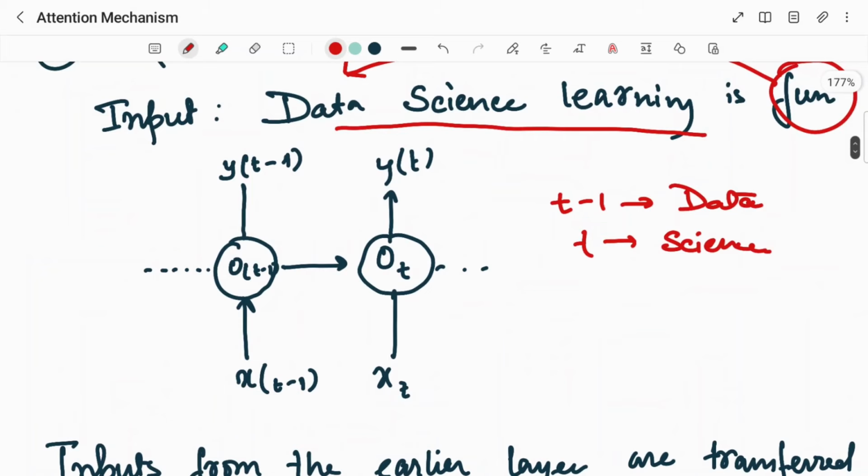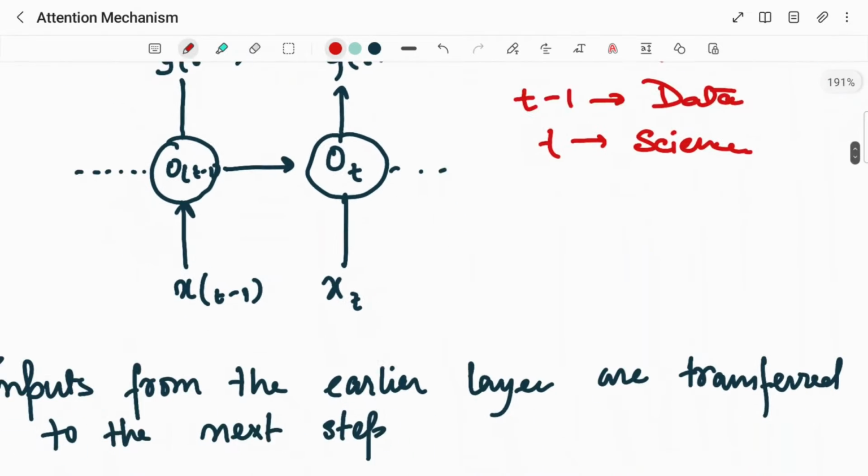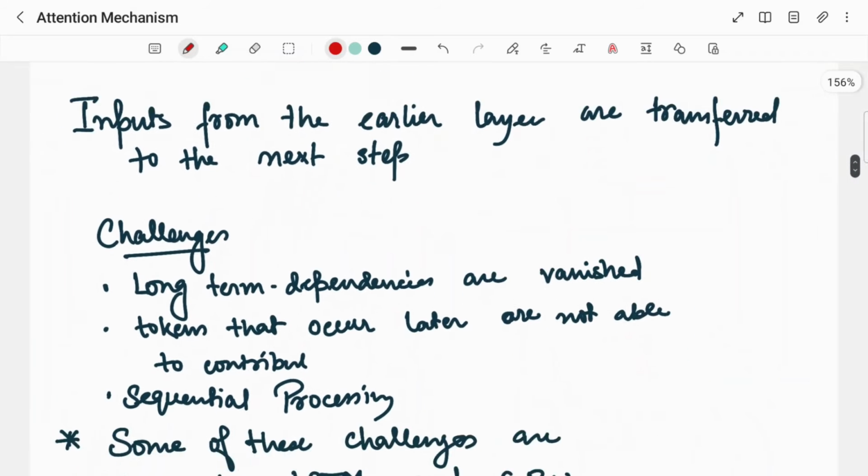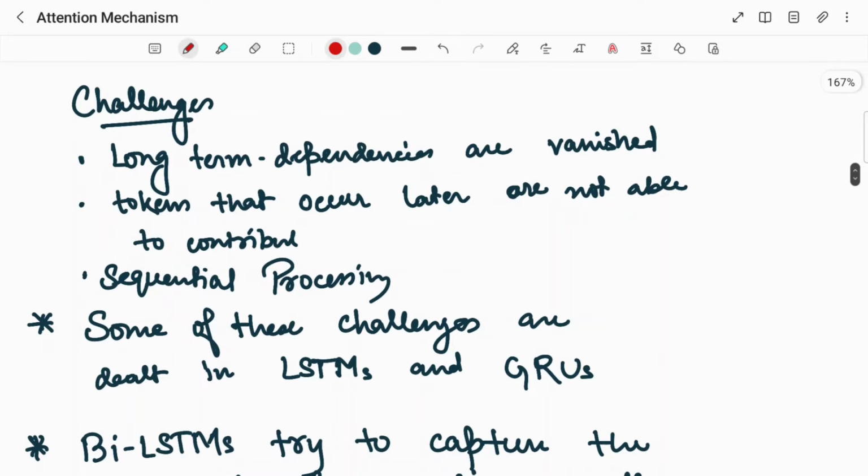When we are preparing the context vector for science, we have no idea about the remaining tokens, learning is fun. We only know the token that came prior to it and the current token, and the tokens that came later are not able to contribute to the context. And the third was that this is primarily sequential processing, so there is very little scope for parallelization. So from a computational standpoint there are additional challenges.